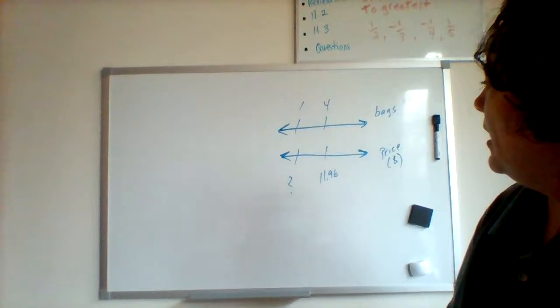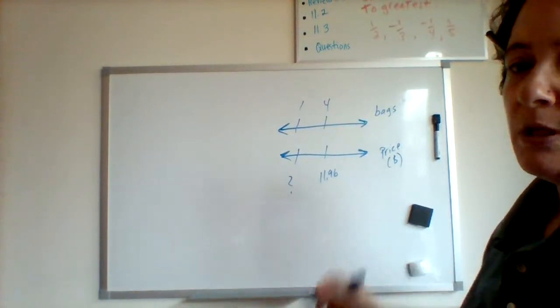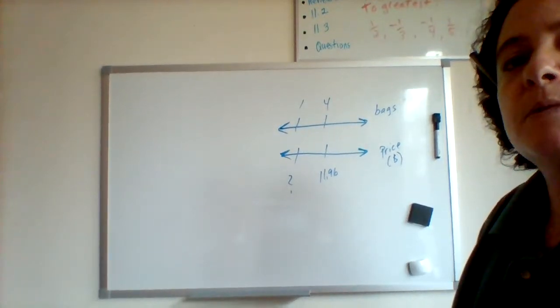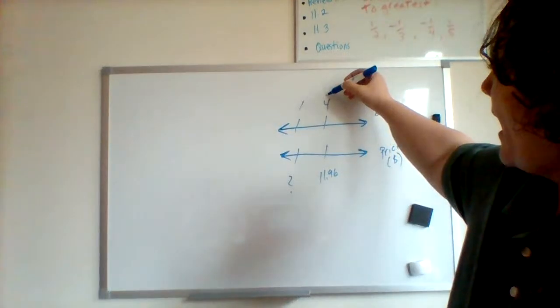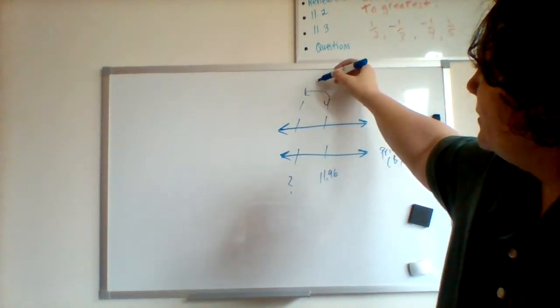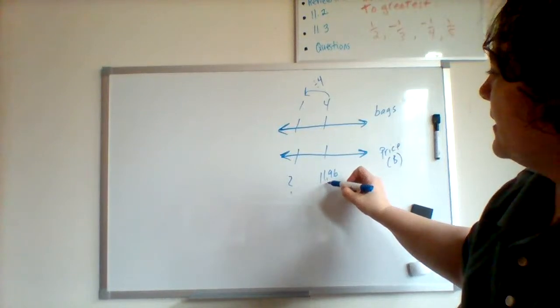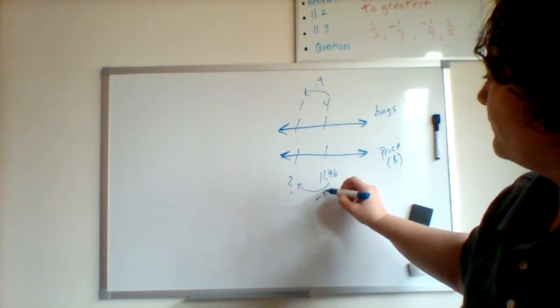All right, so this is why I like the double number line because it's making it very clear what you should do and why. So how do I get from 4 to 1? You know that you divide by 4. How do I get from 11.96 to my equivalent ratio? Do the same thing.